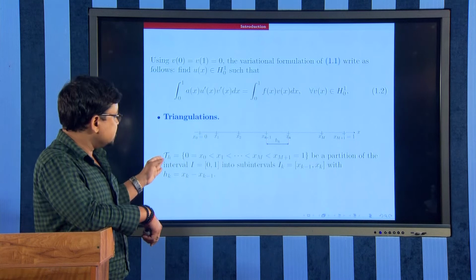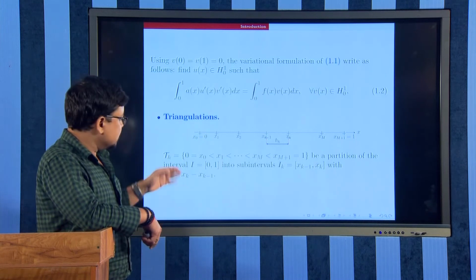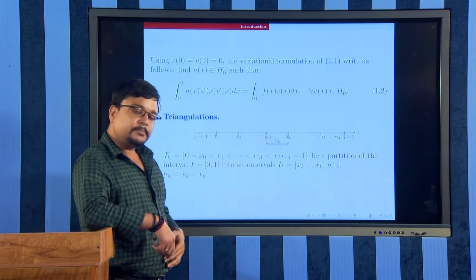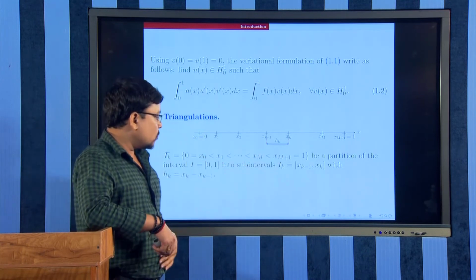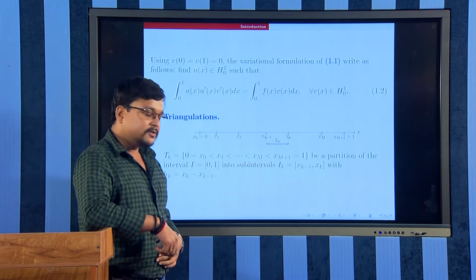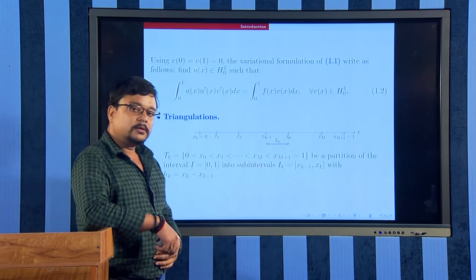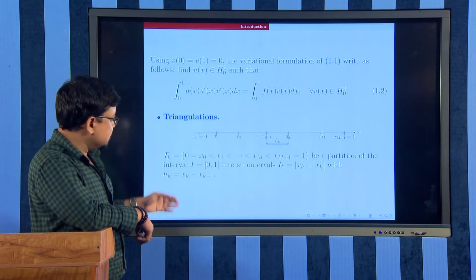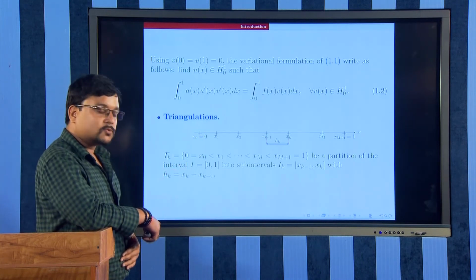T_h denotes the triangulation, which is 0 = x_0 < x_1 < ... < x_{m+1} = 1, and I_k is the k-th interval [x_{k-1}, x_k], and h_k is the mesh size, which is x_k - x_{k-1}.